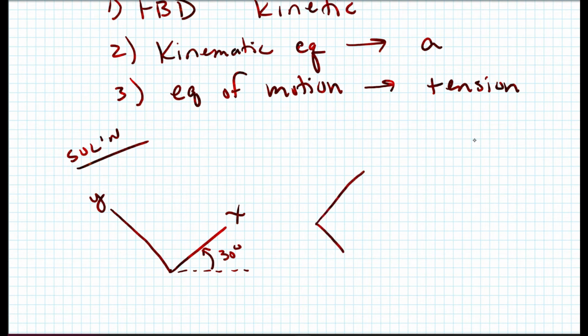Now I'll make the crate, and for the crate we have T, N, and coming down like this will be W, and it is said that that is equal to 20.